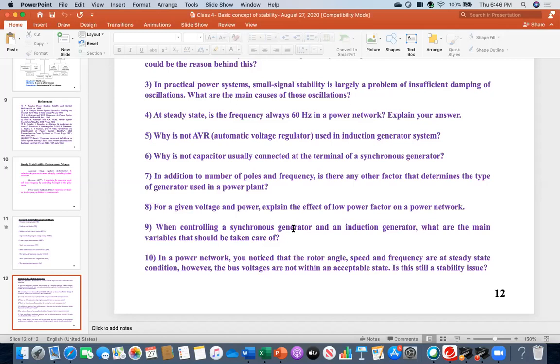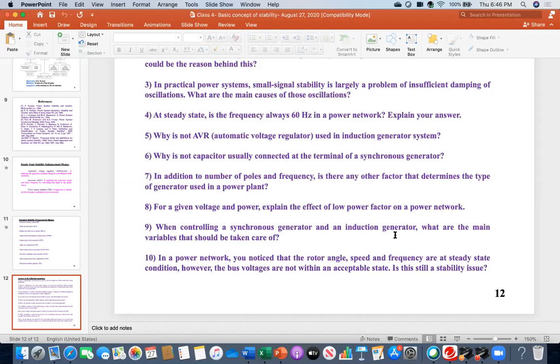So speed is one factor, frequency is another factor, and what else? If you see the swing equation, active power. So everybody now write down the answer. To control the synchronous generator, the main variables of interest are frequency, speed, and active power.